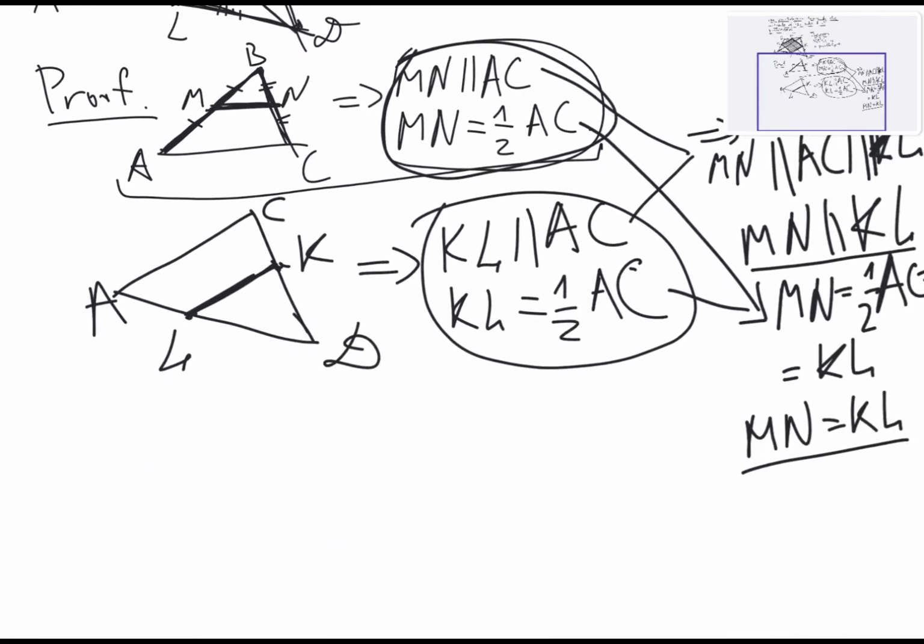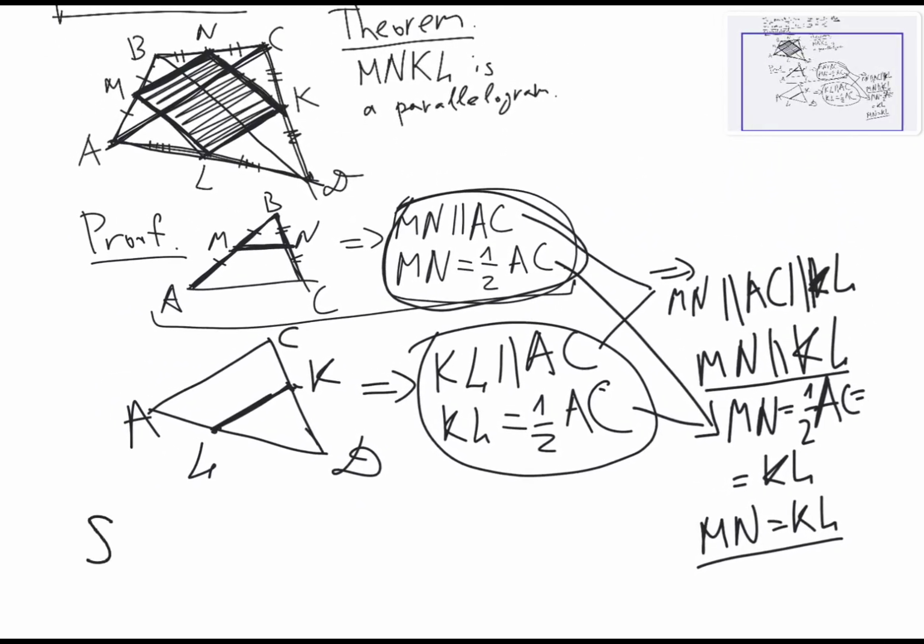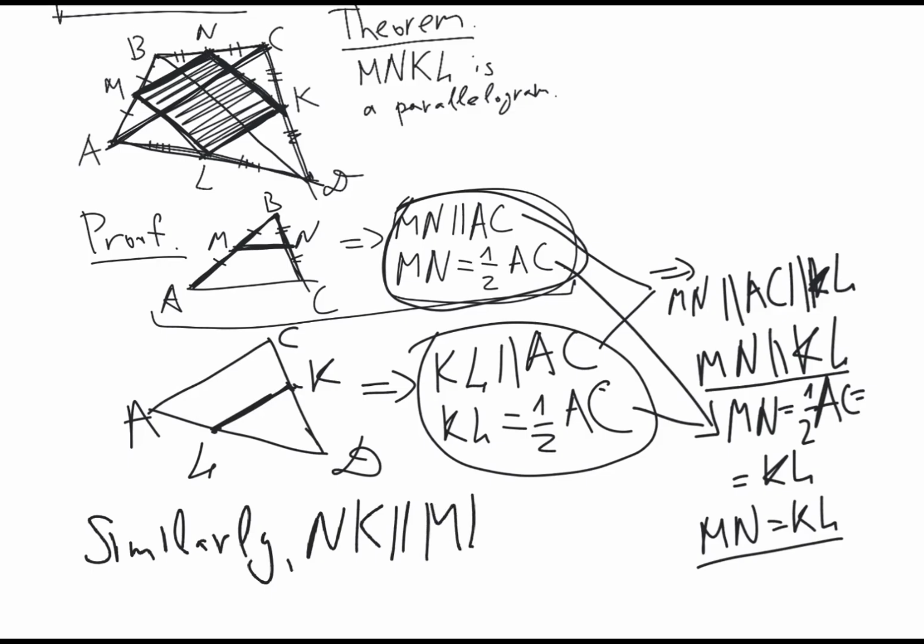So let's write this. So similarly, NK is parallel to ML, and NK is equal to ML.